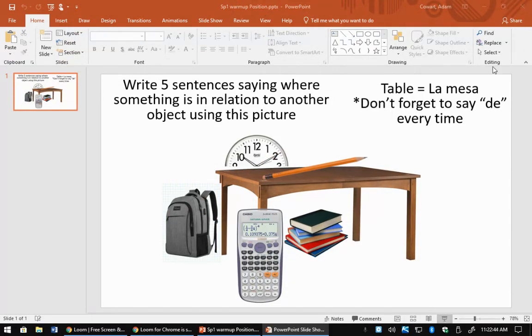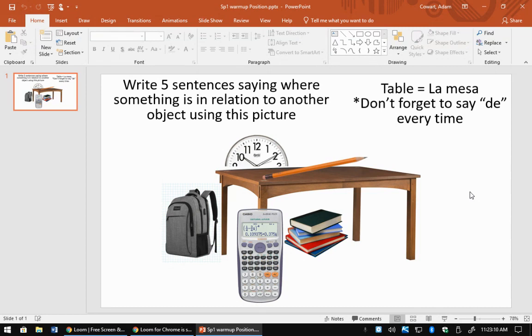So this one says, write 5 sentences saying where something is in relation to another object using this picture. Okay? So the word for table is la mesa. And don't forget to use de every time.